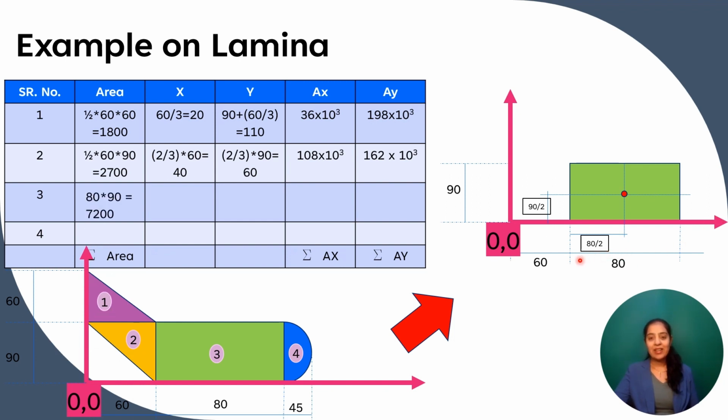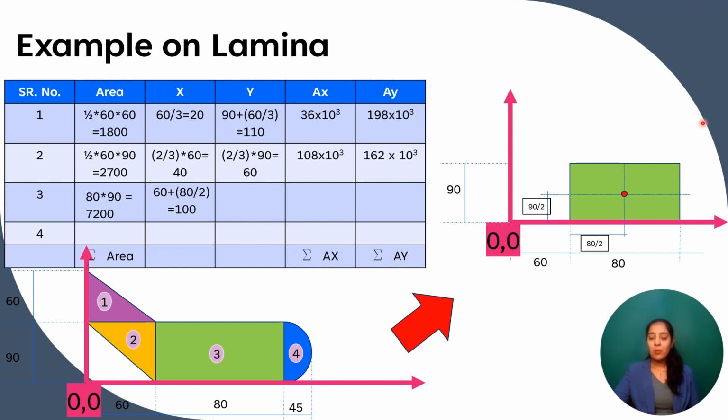Correct. 80 into 90. Then calculate the x coordinate of CG of this basic component. What will it be? Correct. It will be 60 plus 80 divided by 2.